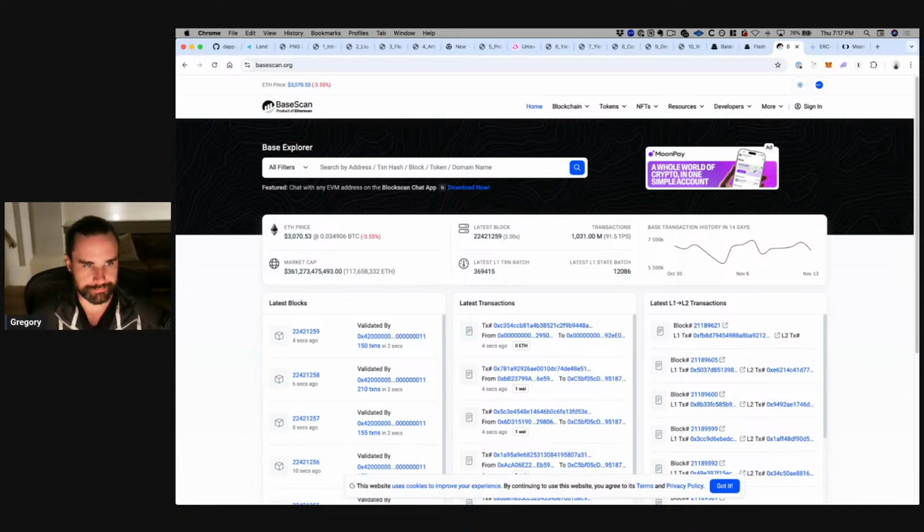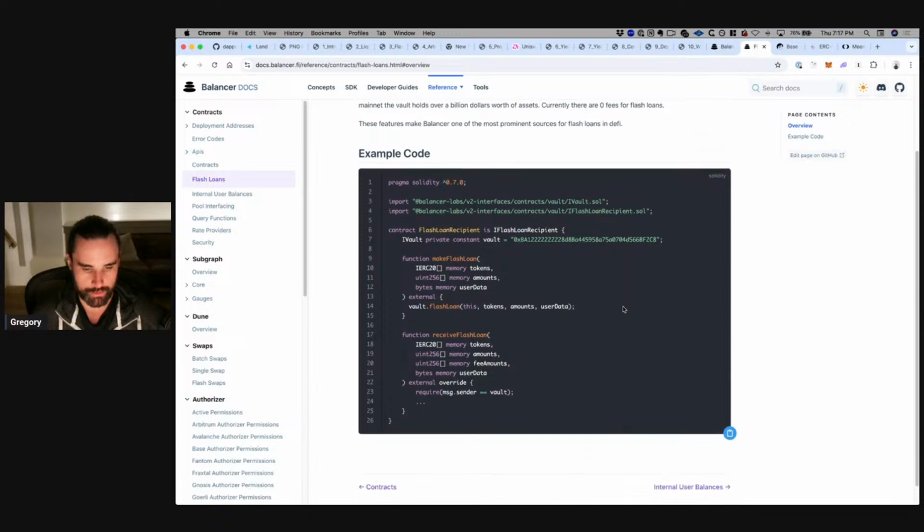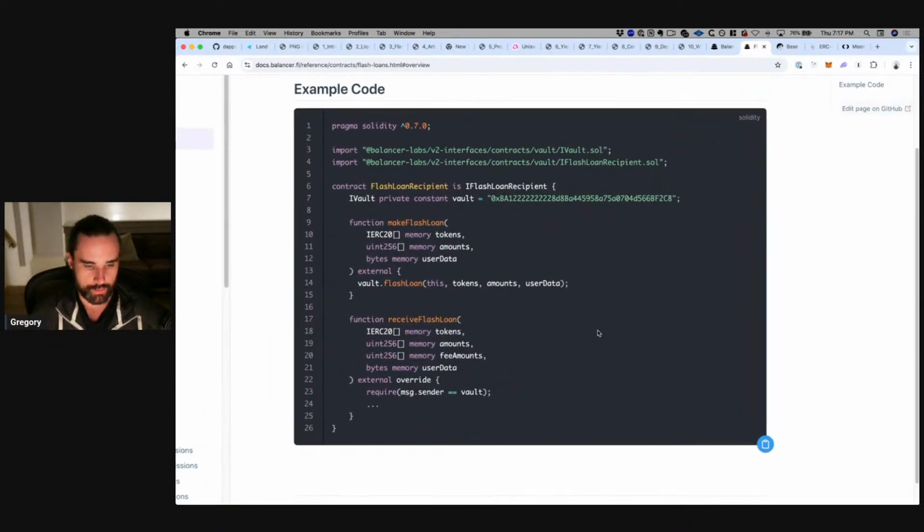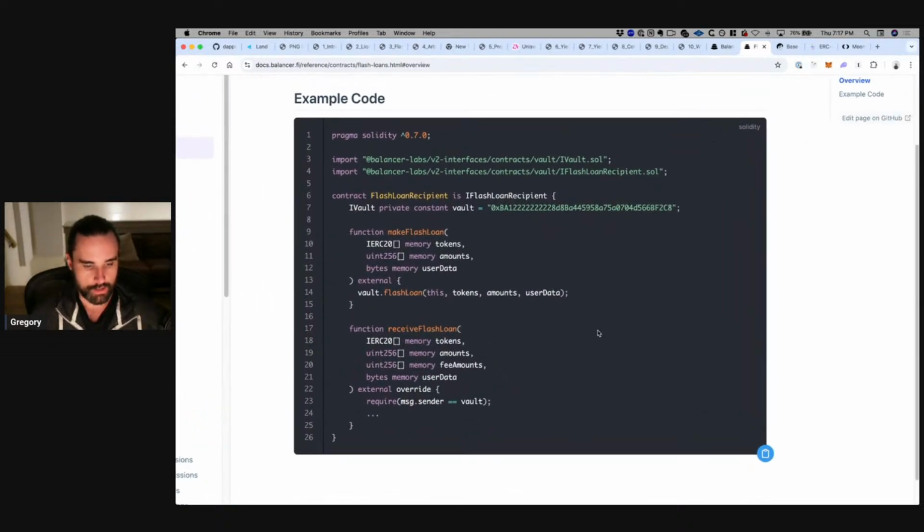So the other thing I want to talk about is, because we're using Base, an Ethereum compatible blockchain, the programming language we're going to use tonight is Solidity. All right. So Solidity is the primary language for writing smart contracts on Ethereum.